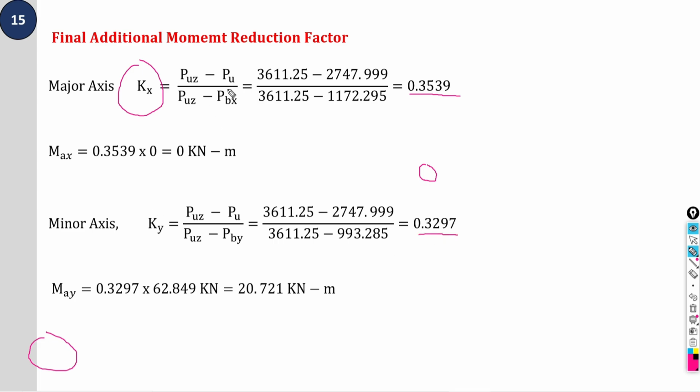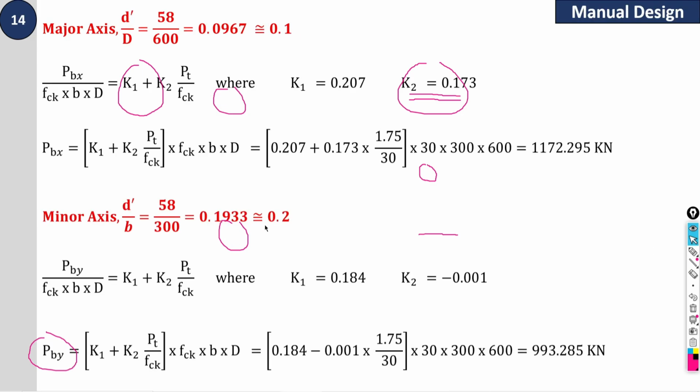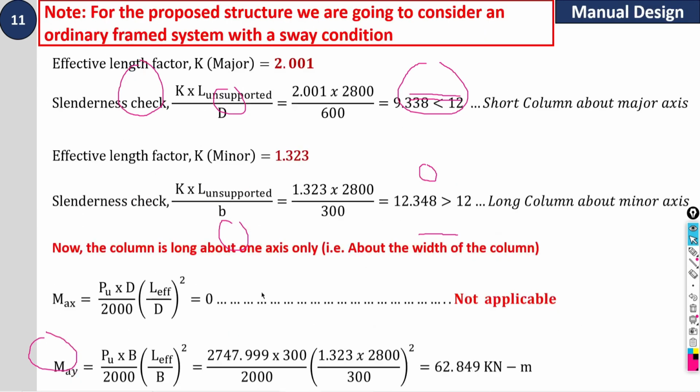You have to put Pb_x and you have to put Pb_y. Now this moment reduction factor you have to apply over the additional moment that we have calculated due to long column effect. About major axis, no additional moment is there. About minor axis, additional moment has been calculated as 62.849.